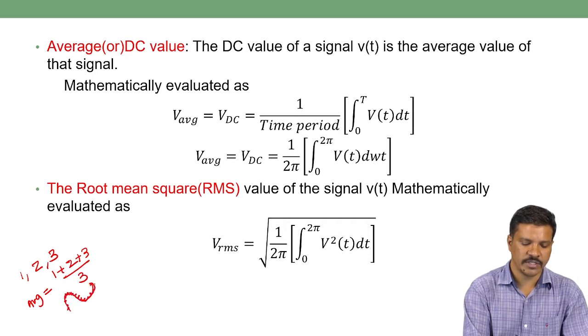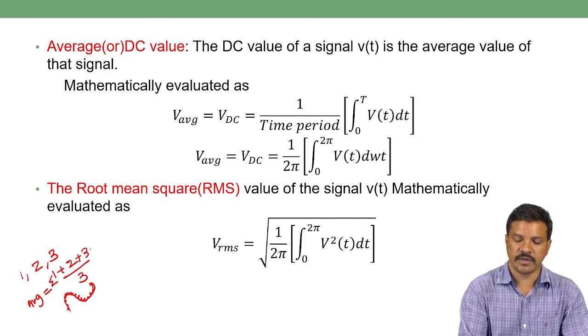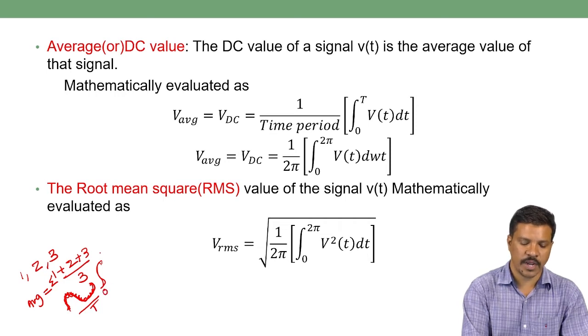So instead of summing these points, we can use integration, the integral of all points, an infinite number of points over a particular time period, the fundamental time period, which is represented by 0 to capital T.